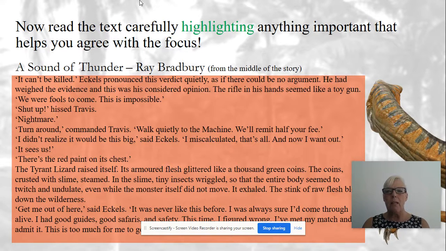It exhaled, and the stink of raw flesh blew down the wilderness. "Get me out of here," said Eccles. "It was never like this before. I was always sure I'd come through alive. I had good guides, good safaris, and safety. This time I figured wrong. I've met my match and admit it. This is too much for me to go on."